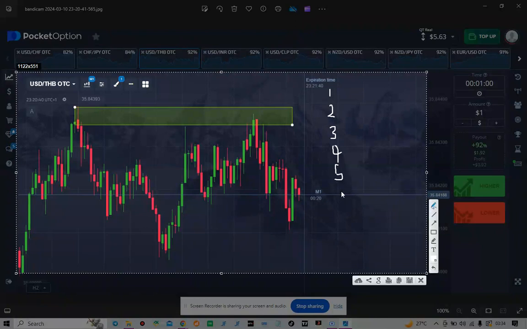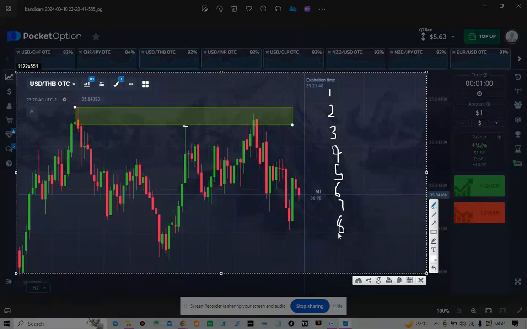I trade touch and run entry, like this: you enter the trade here, the market rejects and closes here. So that is what I mean by touch and run entry. These are my trade setups. Also, I trade SMC and price action.